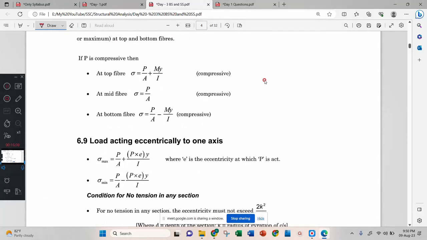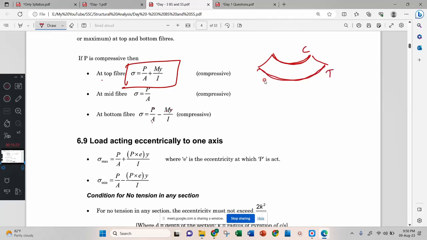Now that equation is this one. At the top fiber, it is P by A plus M into Y by I. At the bottom fiber, P by A minus M by I, because it will bend like this now. Then the top one is compression and the bottom one is tension.